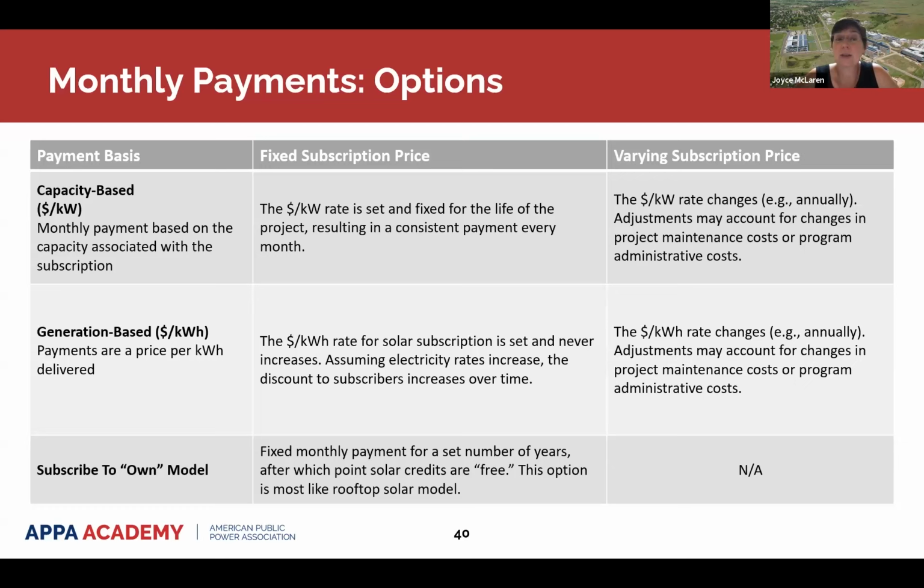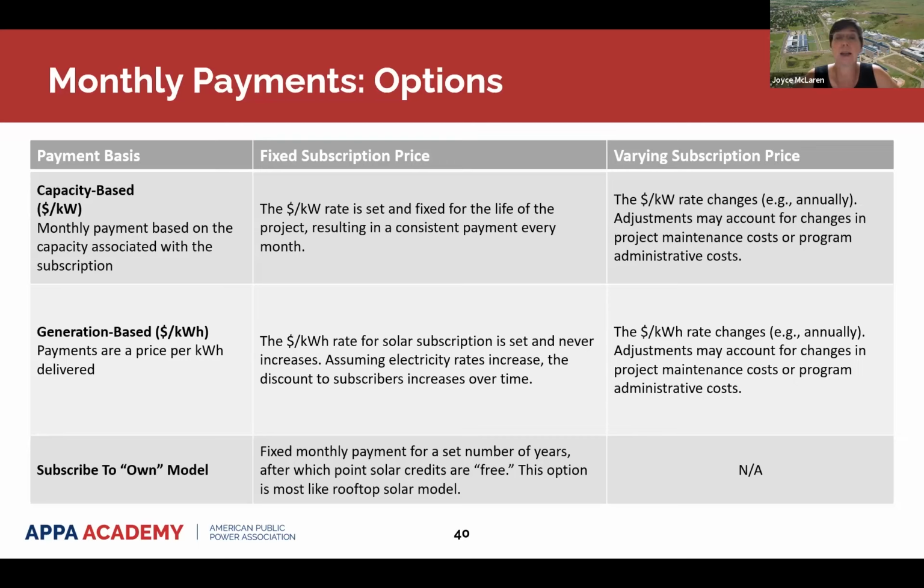The next option for a monthly payment is, of course, a kilowatt hour, a generation-based payment, where the kilowatt hour rate is set and never increases, or the kilowatt hour rate changes maybe annually. So you make adjustments to account for changes in maintenance costs or administrative costs over time.